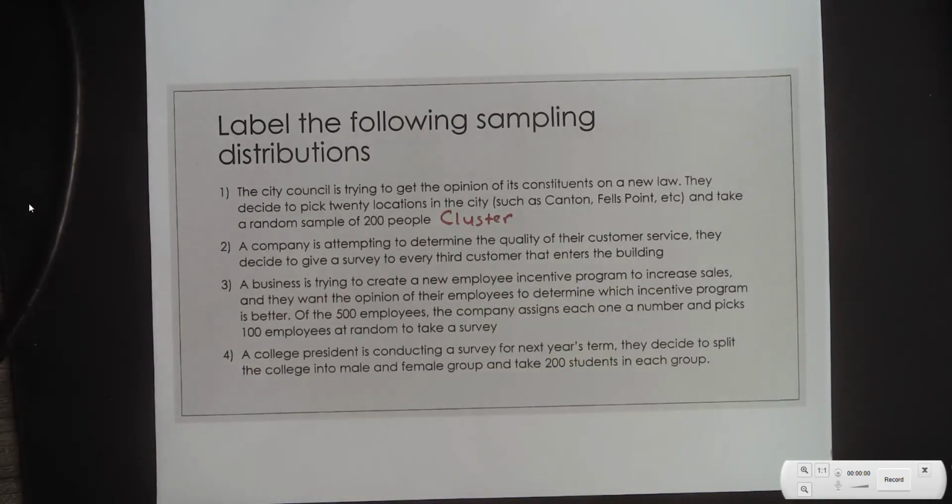Basically, anytime you use geolocations in anything, it's a cluster sample because geolocations aren't going to necessarily have people who have similar interests in each one. So the people of Canton may not be the same as the people of Fells Point, and they're certainly not the same as people in Hamburg where all the Huns are hanging out.